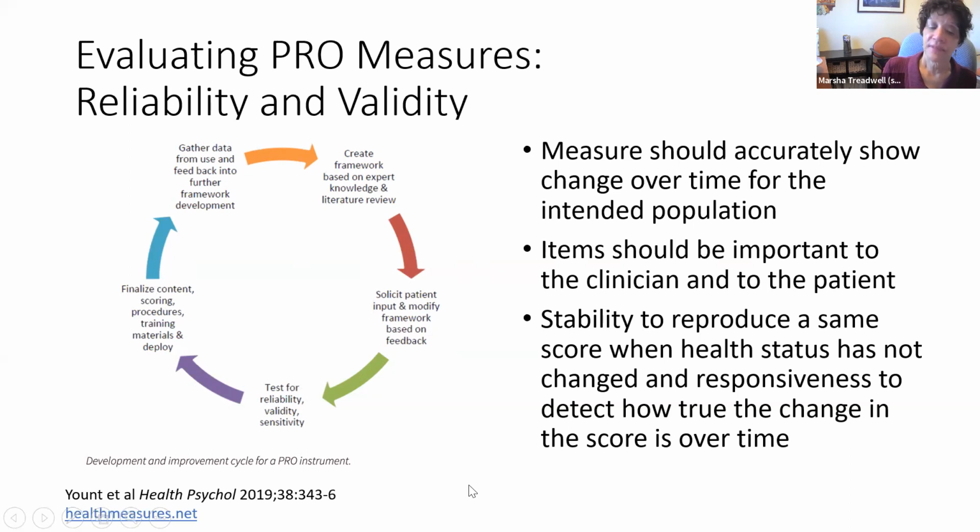So things to consider: measures should accurately show change over time. The items should be important to you as clinicians or providers and to patients and families. And items should be stable enough to reproduce the same score when the health status has not changed, but responsive to detect true change over time.